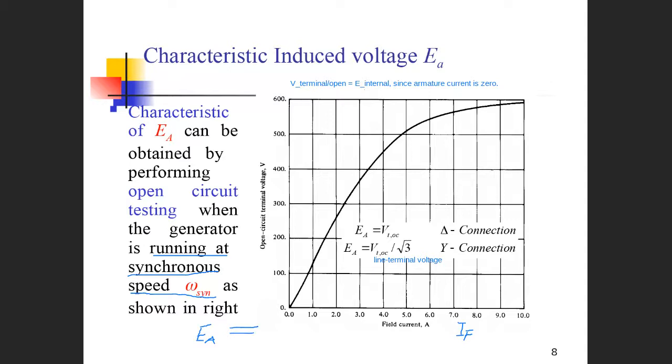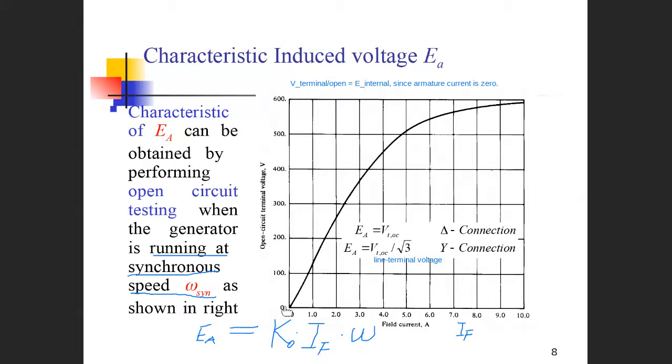Can be written into a constant, a coefficient, right? Chi, the field current, the rotation speed.